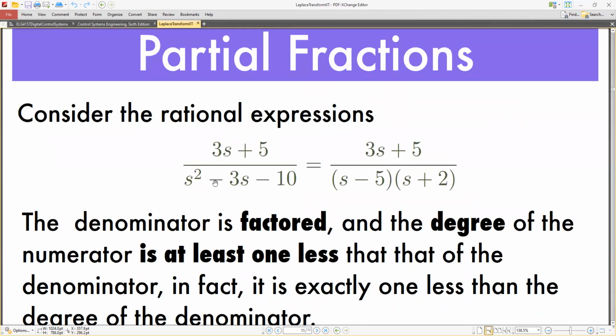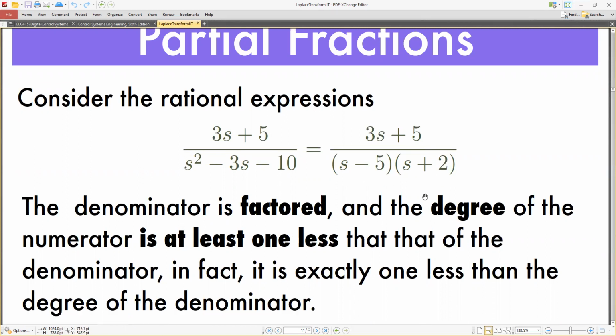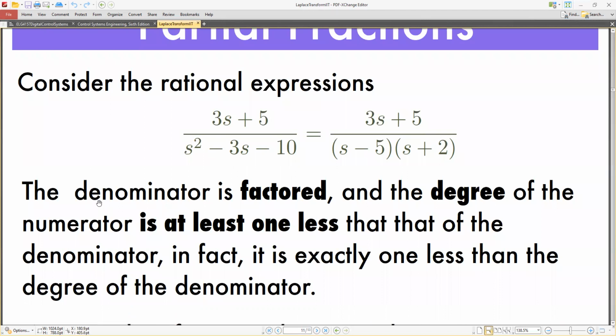So partial fractions. Consider the rational expression (3s plus 5) by (s square minus 3s minus 10), that is 3s plus 5 divided by (s minus 5) into (s plus 2). The denominator is factored and the degree of the numerator is at least one less than that of the denominator.